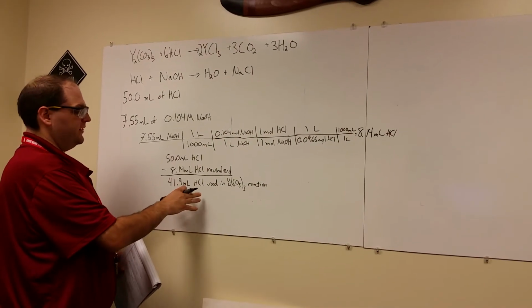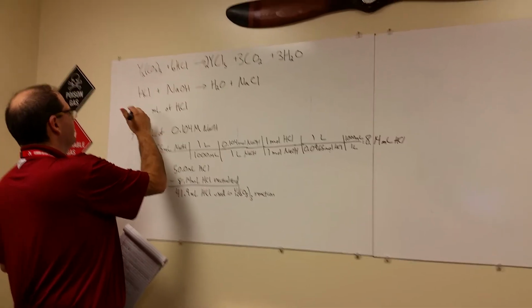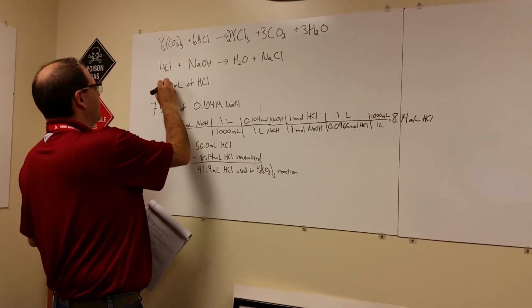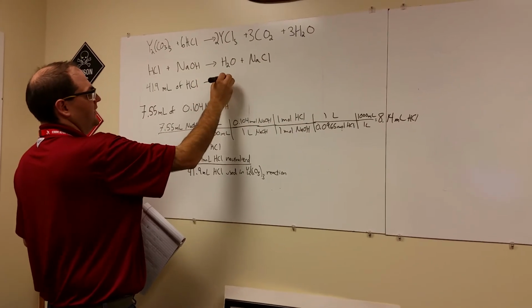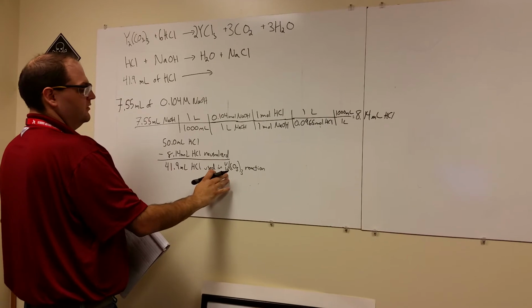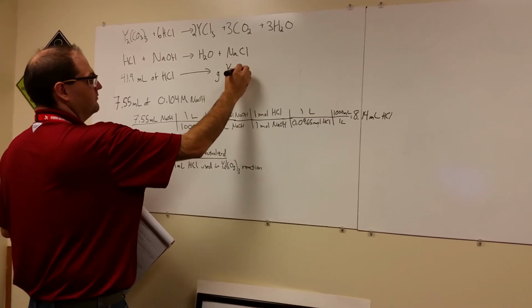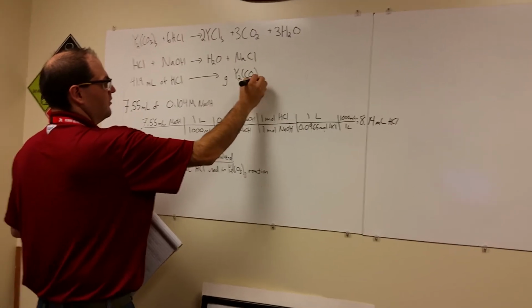Now we can go back and change this value here to 41.9 milliliters of HCl, and we want to convert this to grams of yttrium carbonate.